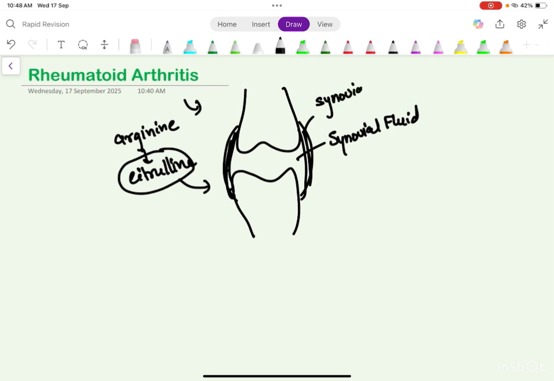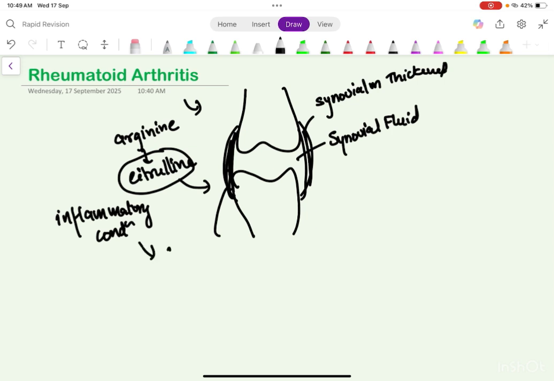There is an inflammatory condition induced by autoimmunity, and a lot of cytokines come, like TNF alpha, interleukin 6, interleukin 1, and many others. So CD 80, 86, and so on. So now this is thick.